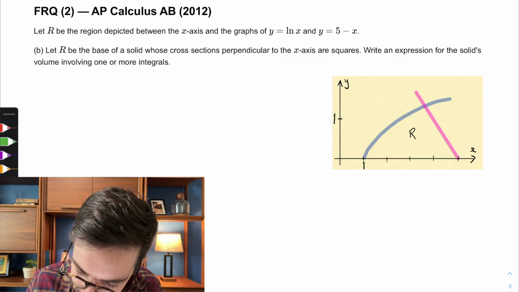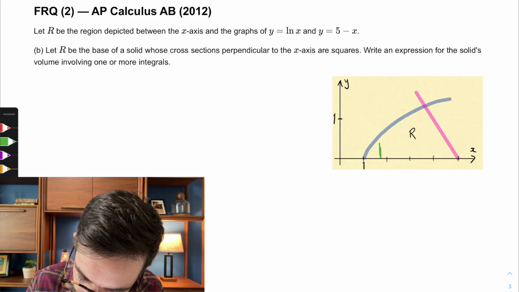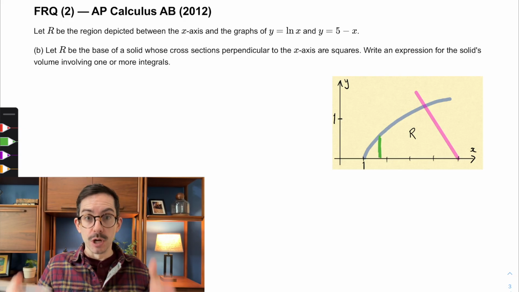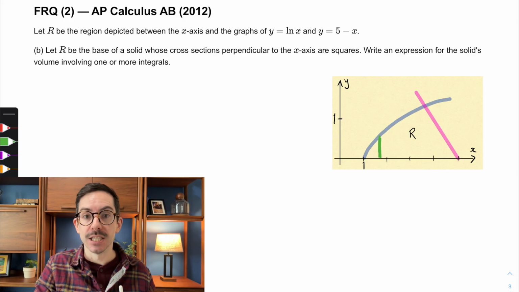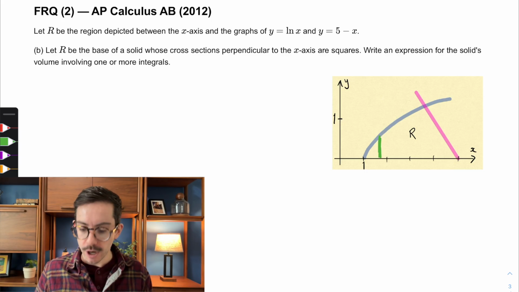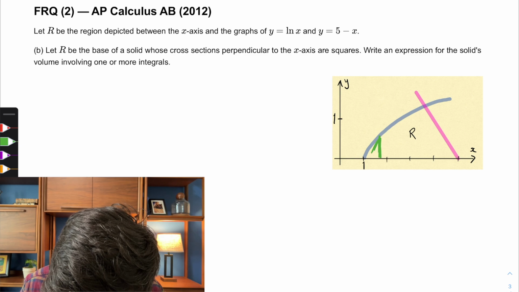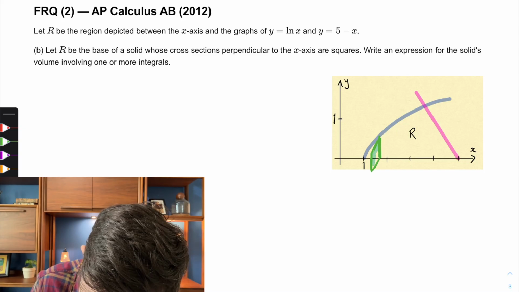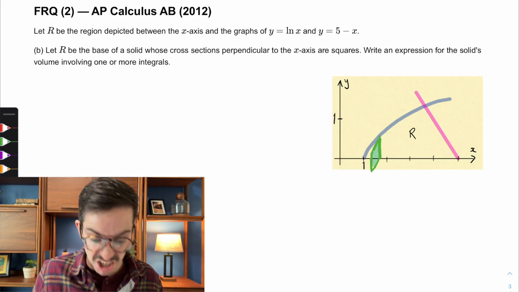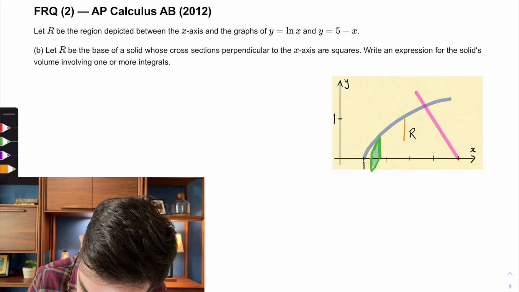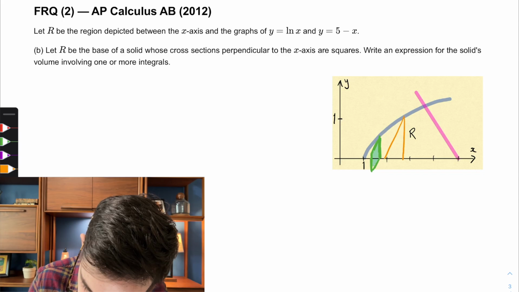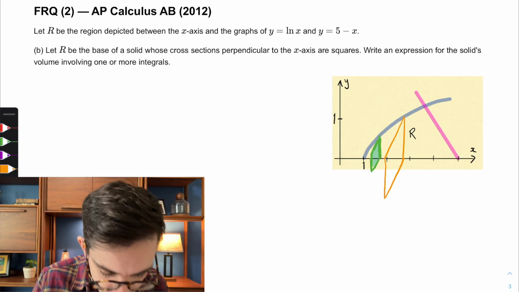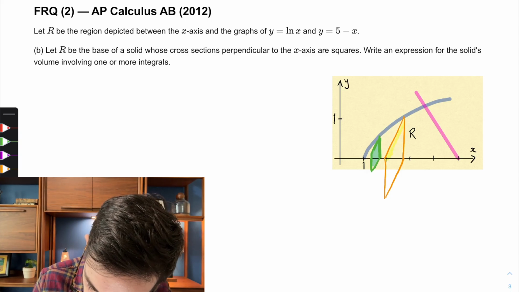So each time I take a slice perpendicular to the x-axis, I'm supposed to get a square. Imagine this is some weird looking cake. I take my knife, I cut down. What I get out is a square. If I cut slightly further along, I get a slightly larger square, because that slice down in the R region is slightly larger.